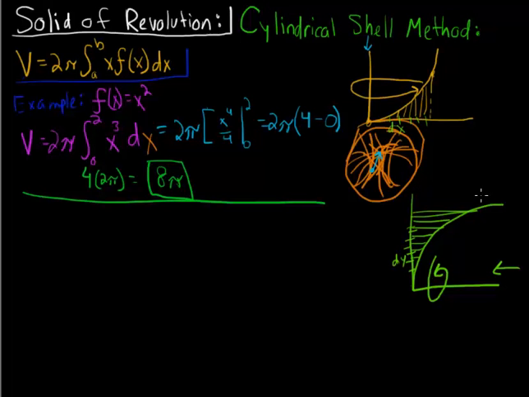So when you have that, it's just switching all the variables of x with y and y with x. I'm not going to do an example, but the formula for it would be 2 pi times the integral from a to b, which this time will be points on the y-axis.